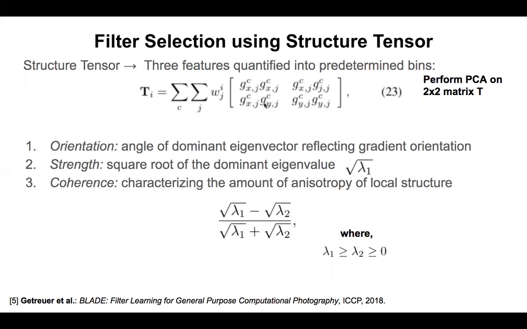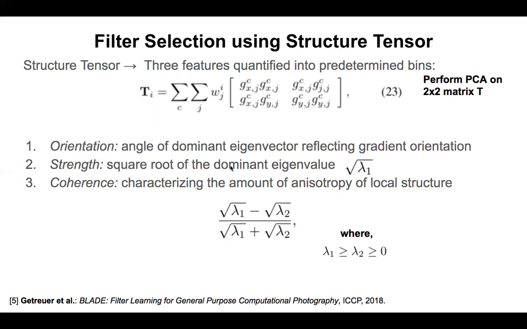Once we have generated our 2x2 matrix for each pixel i using the local gradient information, we run the Eigen analysis on that, and that provides us three different features for the structure tensor. These are called the orientation, strength, and coherence.